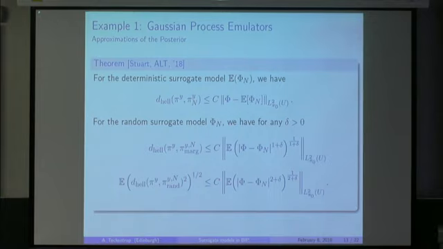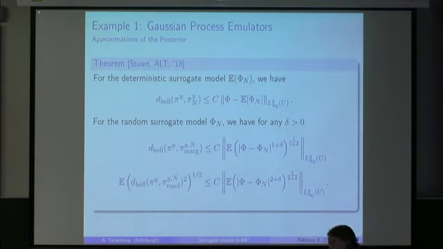Sorry, I just get a bit confused. So the first expectation there is the conditional expectation, which gives you the surrogate fit, and the second expectation is with respect to the randomization distribution. So these are both expectations with respect to the distribution of phi n.